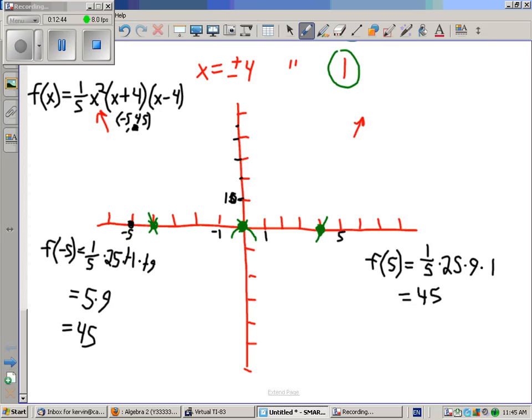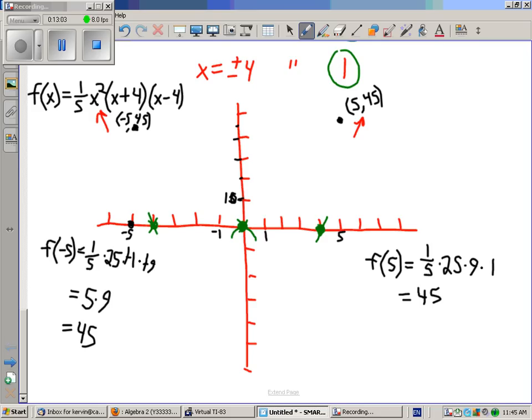That's not a coincidence that those two numbers wind up being the same, because you may recall earlier on when we found the symmetry of this graph that it was symmetrical on the y-axis. So we would expect that if we had positive 5, it would have a y value of 45 as well.